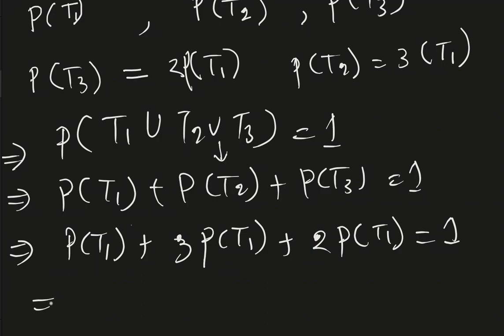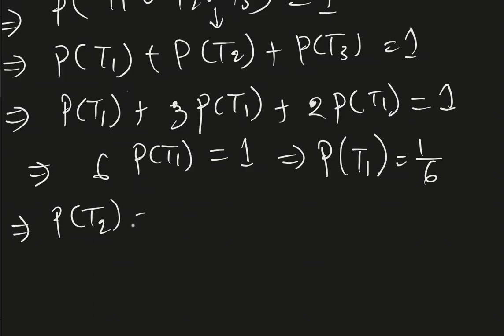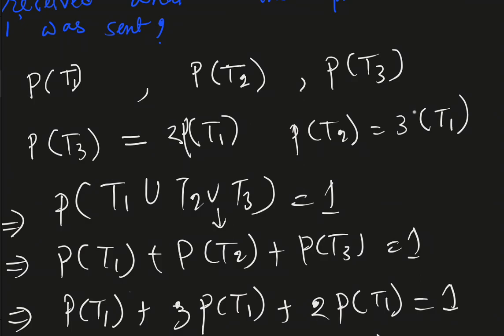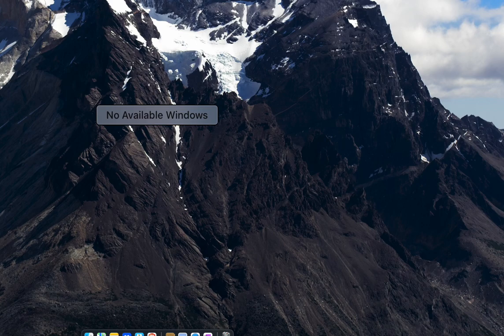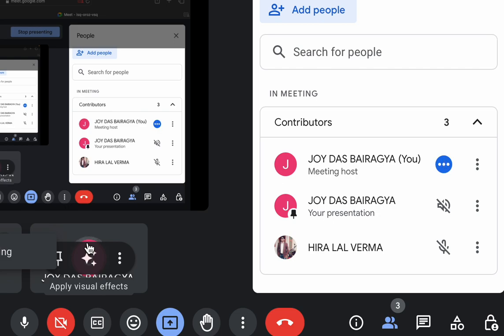That means 6 PT1 is 1, and PT1 is 1/6. Now we can get PT2, which is 3 PT1, which is half.